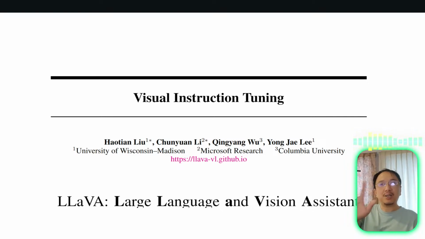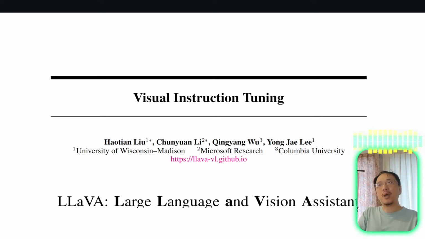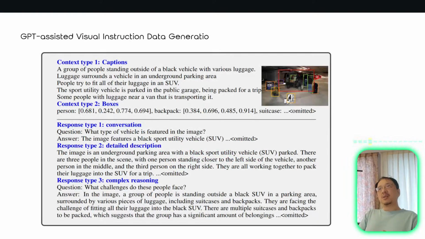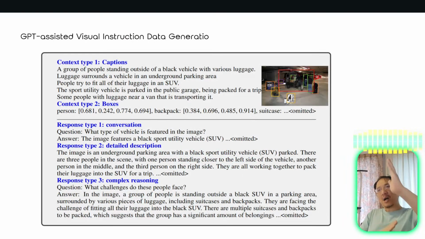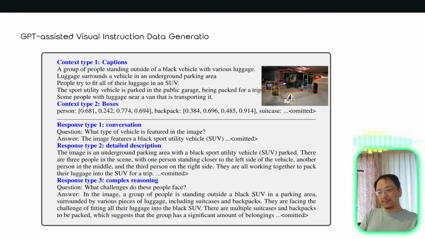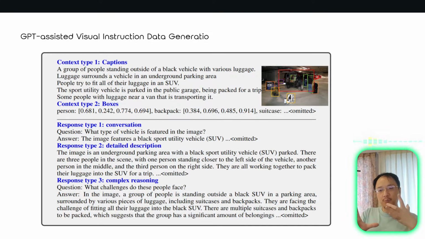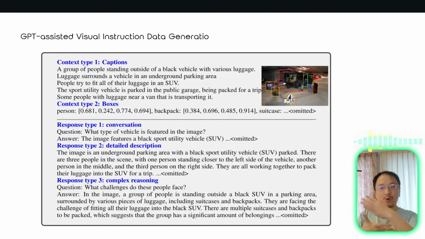But the key point is that it attempts to do visual instruction tuning. So it constructs a dataset from the original caption dataset to become an instruction dataset. That's the main contribution of LLaVA.